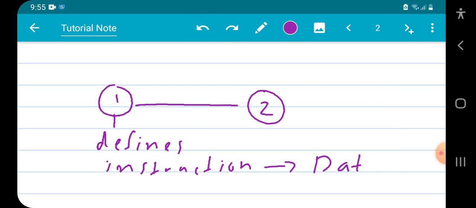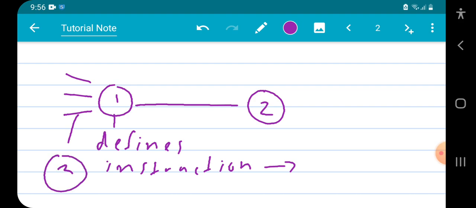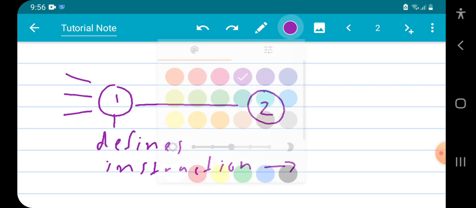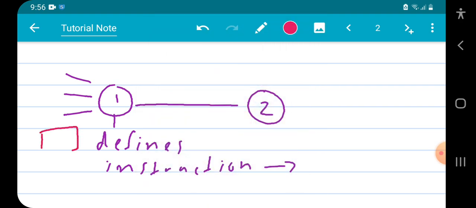So let's take an example. Let's say this artificial neuron number 1 receives some data. Now this data can be given by another artificial neuron, let's say artificial neuron number 3, or it can be given by the computer directly, like the user actually.